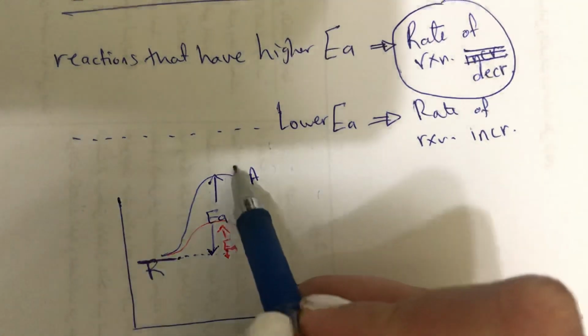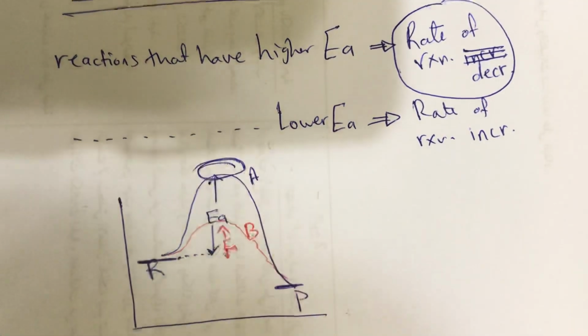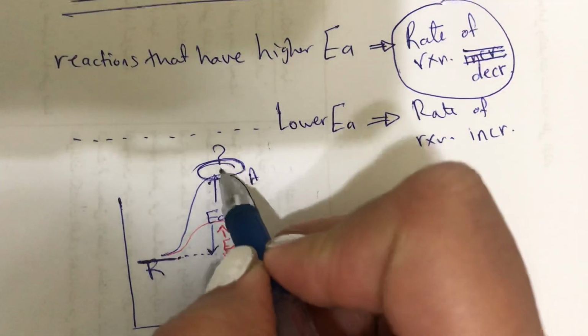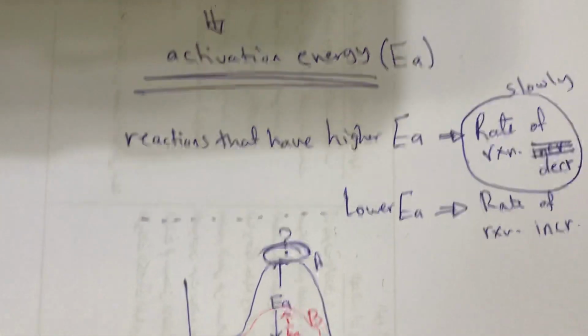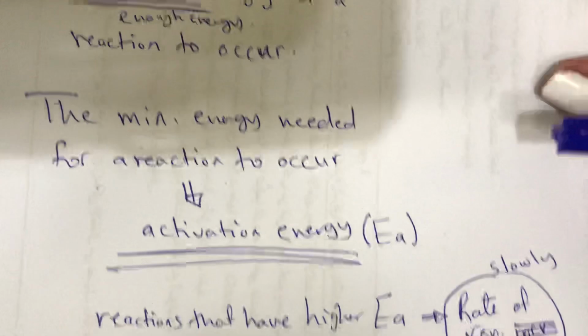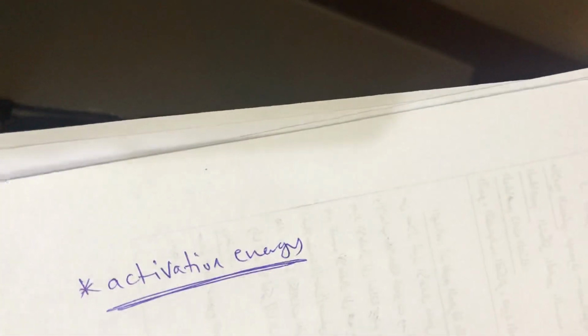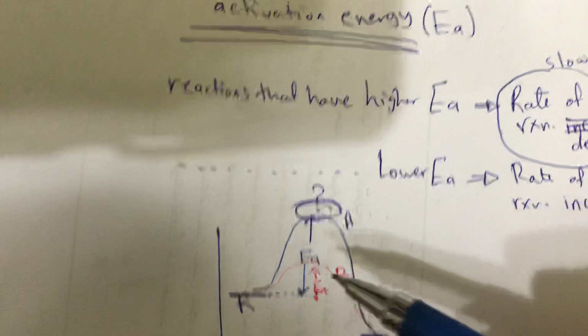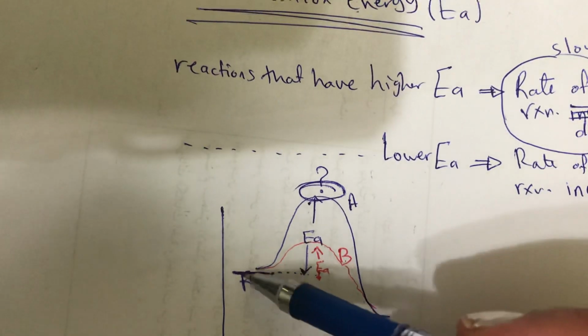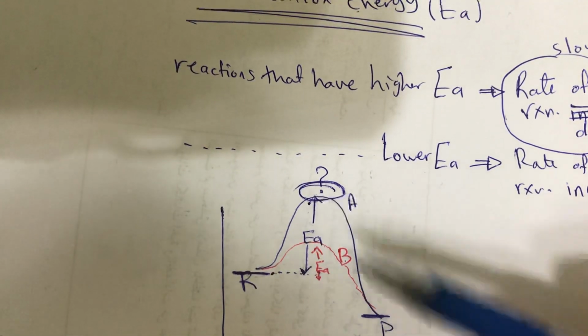What does the top of the curve indicate? Again, from the diagram, activation energy is the energy difference between reactants and the top of the curve.